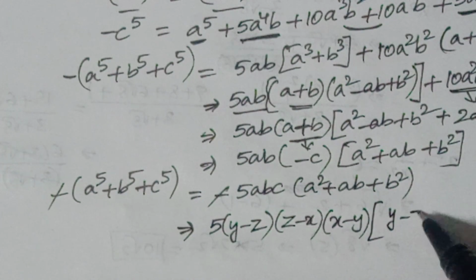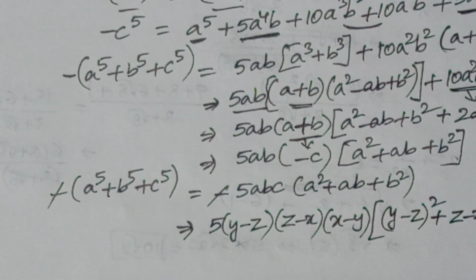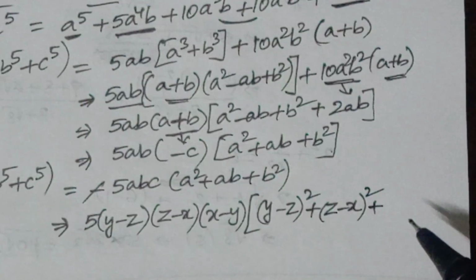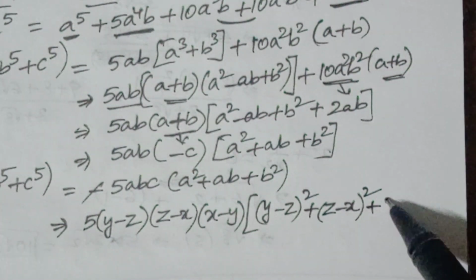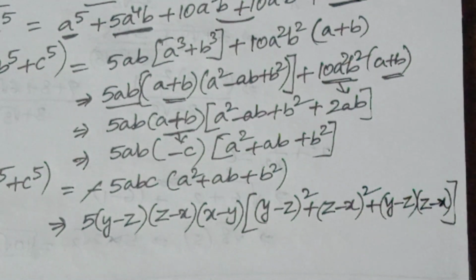In the bracket: (y minus z) whole square, plus b square, (z minus x) whole square, and ab value, y minus z into z minus x.